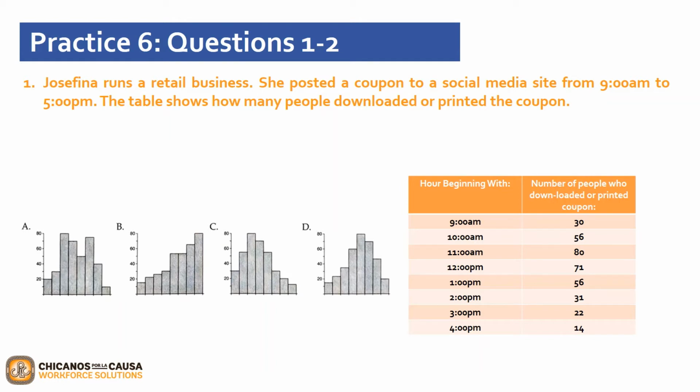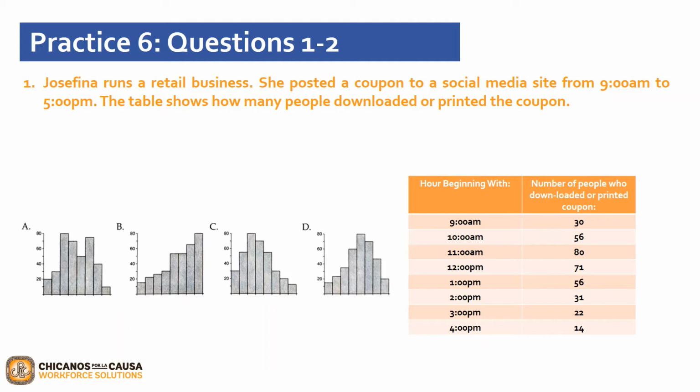So if we look at our histograms, let's look for one in which 30 people downloaded or printed the coupon at 9 a.m. Now you'll notice that these histograms don't actually have time frames listed under the x-axis. However, we're going to pretend like the first bar is 9, the second bar is 10, the third 11, and so on.